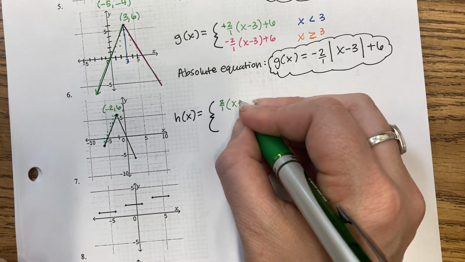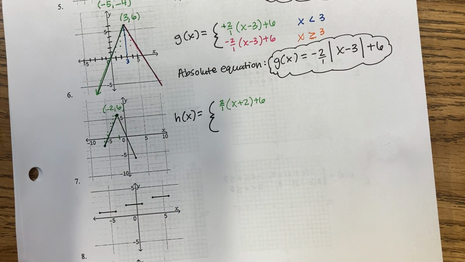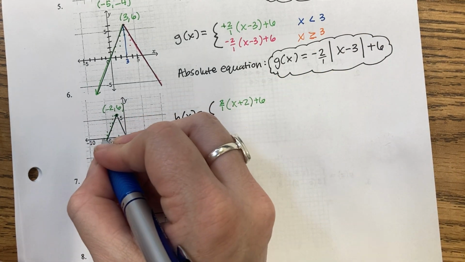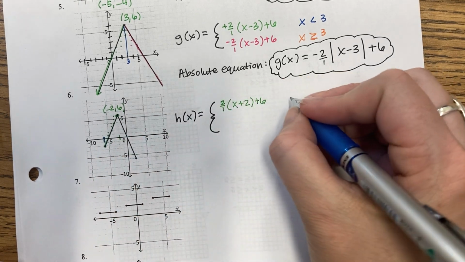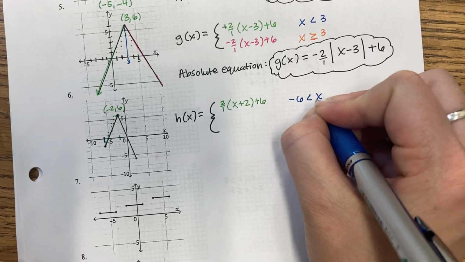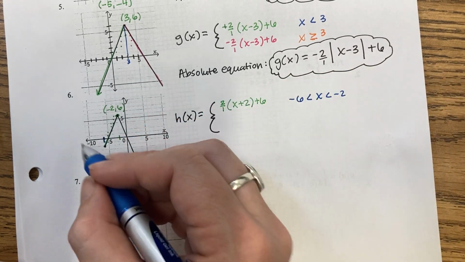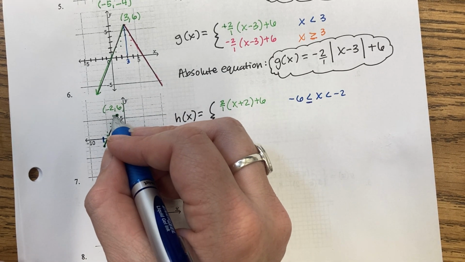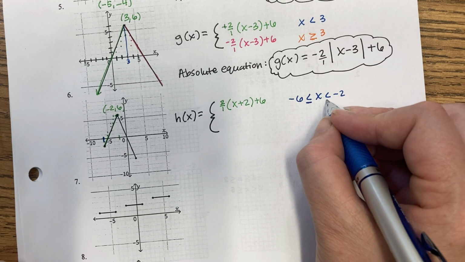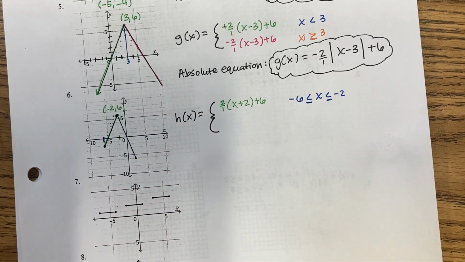That will make it an x plus 2 plus 6. And it is between -6 and -2. Closed dot, and I'm going to close this dot here. So I closed that and I closed it.